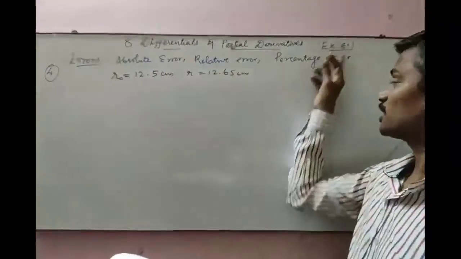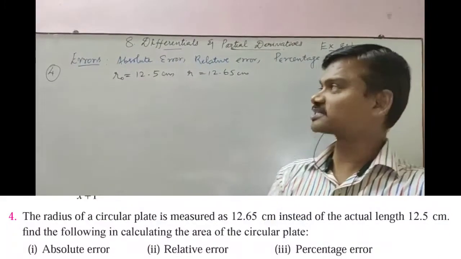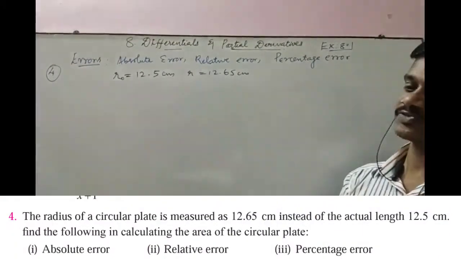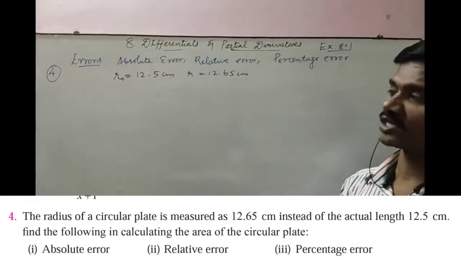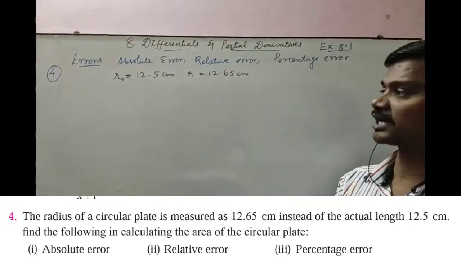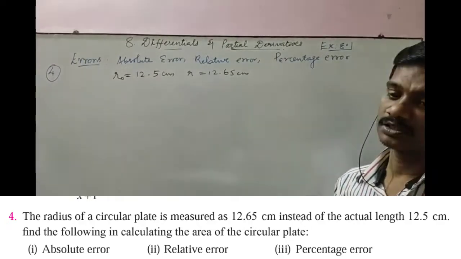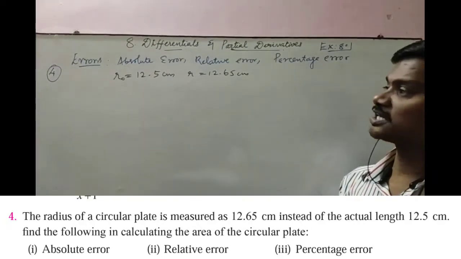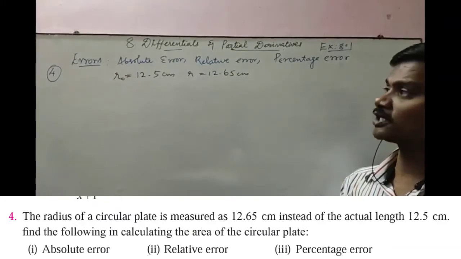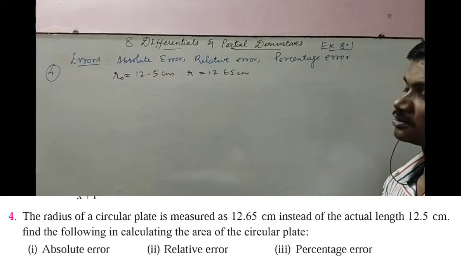In the exercise 8.1, the 4th sum is: the radius of a circular plate is measured as 12.65 centimeter instead of actual length 12.5 centimeter. Find the following in calculating the change in area of the circular plate.